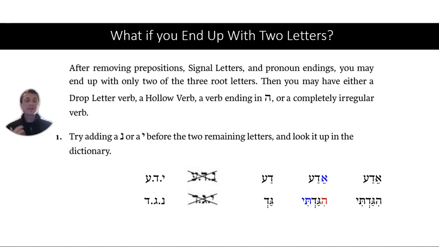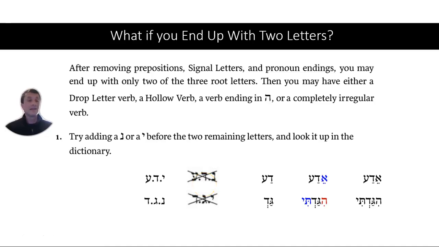So let's just go through this process a little bit. Look at this verb, emda. You're like, okay, I know the aleph is probably a signal letter of the imperfect, right? First common singular imperfect. So we take off the aleph. Now we're left with just dalet ayin. You think, okay, maybe it's a drop letter verb. Maybe it's a first noon. And so you look up noon dalet ayin, and you discover in a lexicon that doesn't exist.